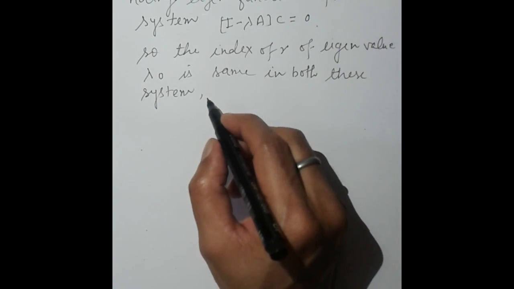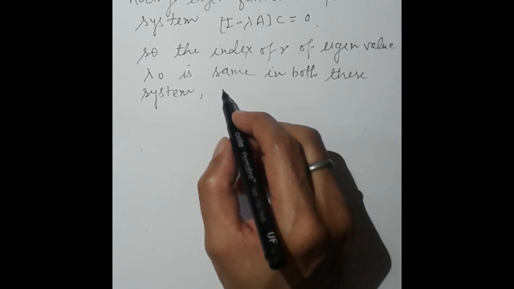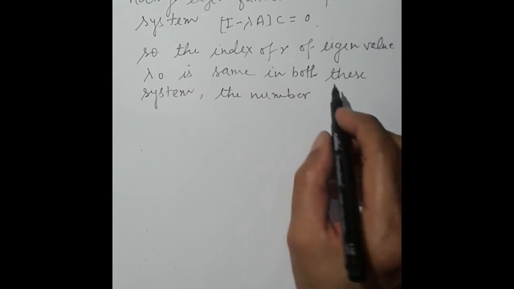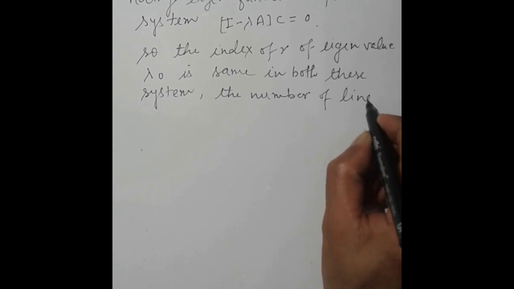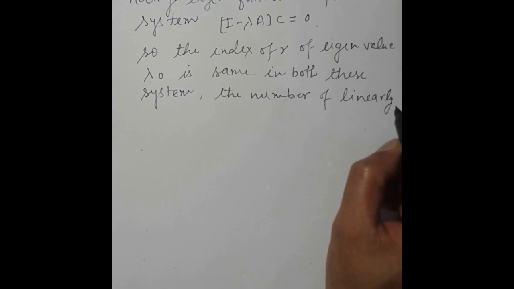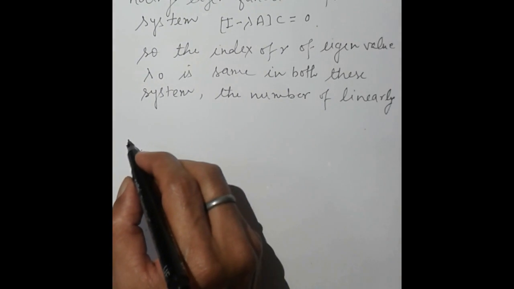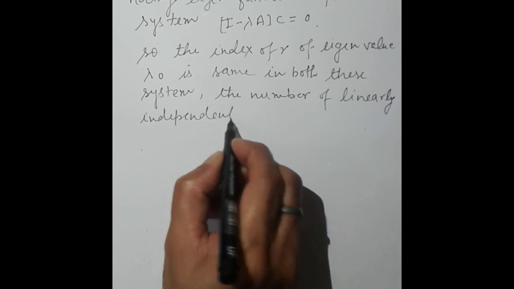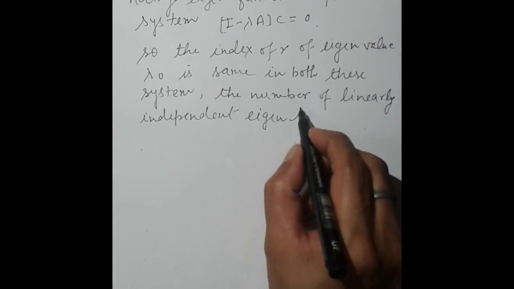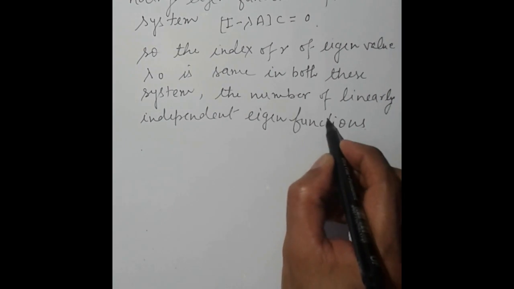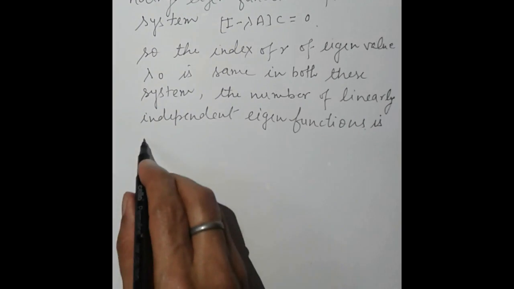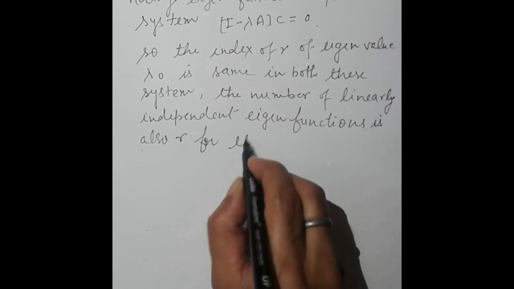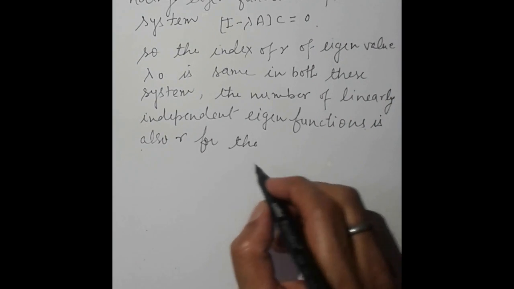The number of linearly independent eigenfunctions is also r for the transpose system.